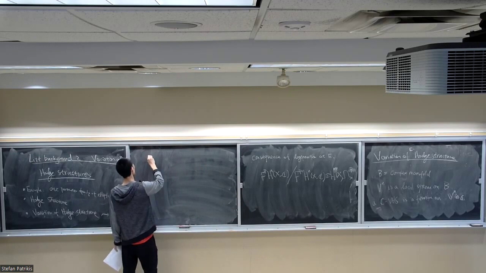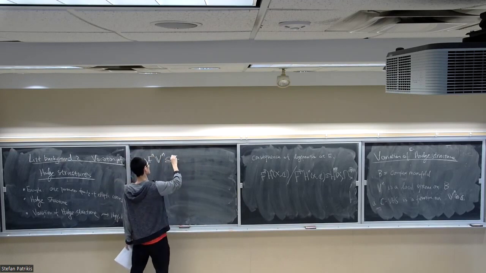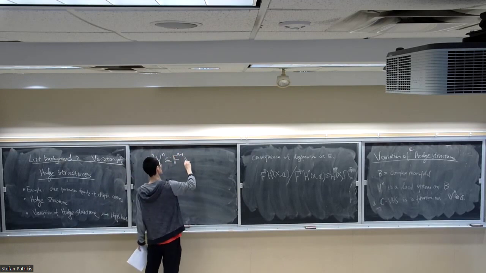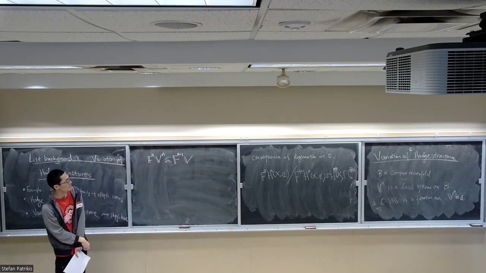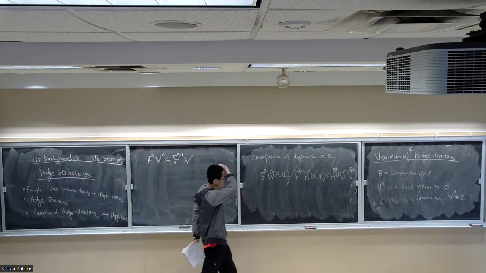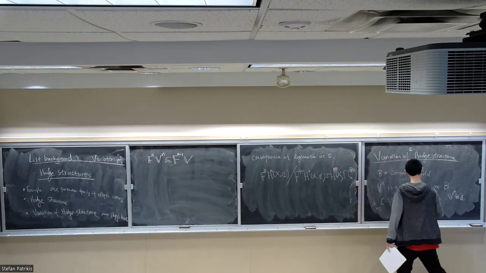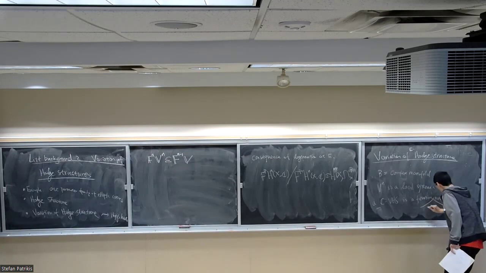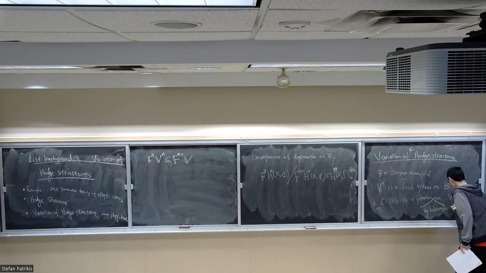You have a sequence of subspaces F n V, n inclusion to F minus n. What kind of objects are these? They are a filtration by holomorphic subbundles.